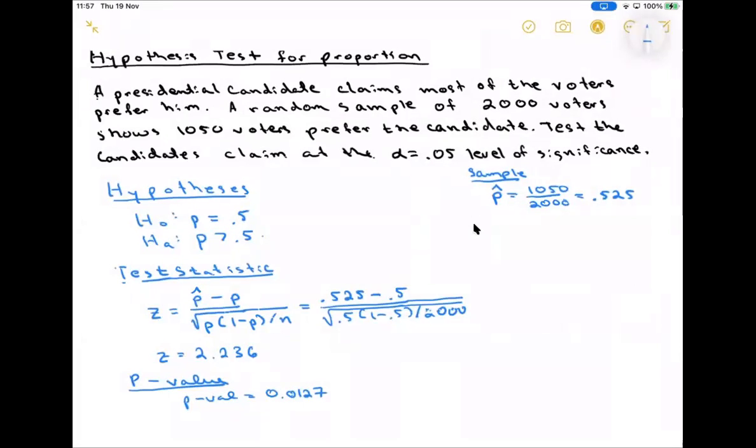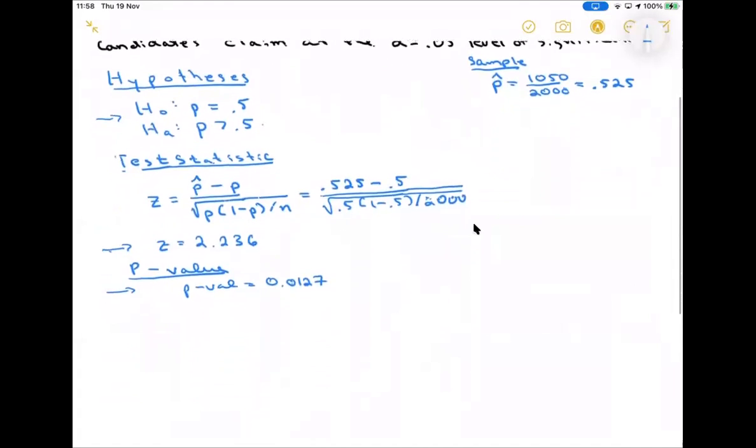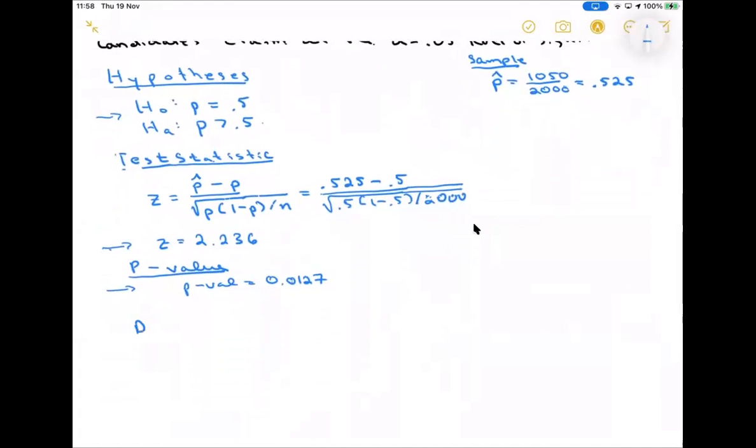So I wrote down the test statistic. MyStatLab asked for hypotheses, that was a multiple choice, the test statistic, the p-value, and then we need some kind of a decision.